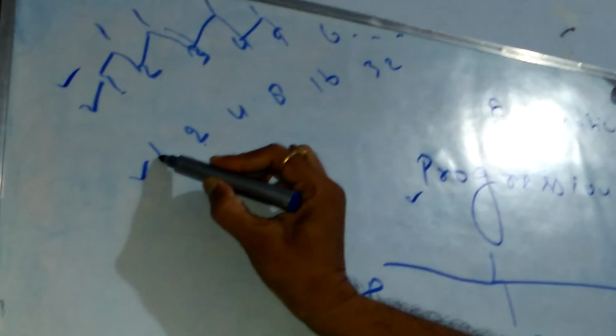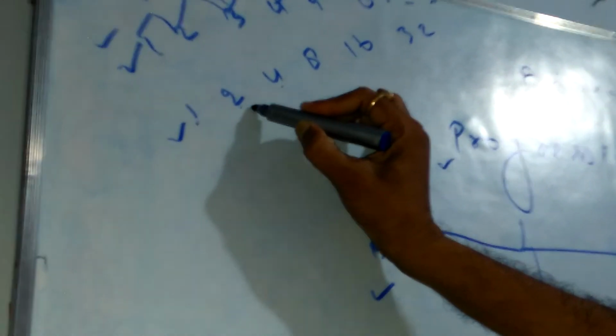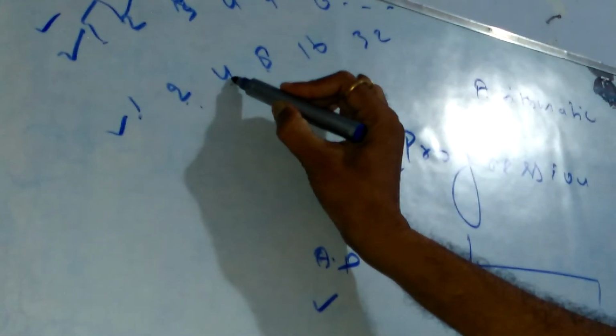Here, we see that 2 minus 1 equal to 1, but 4 minus 2 equal to 2, 8 minus 4 equal to 4. Therefore, here the difference is not the same. Therefore, it follows another rule.